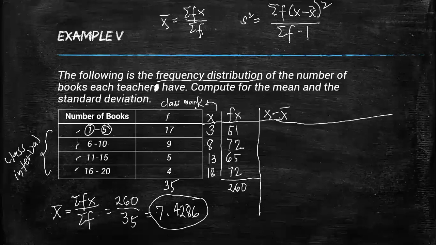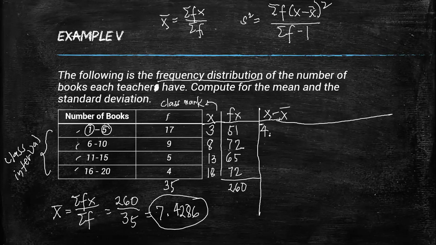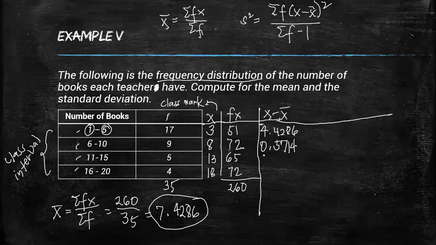So, 3 minus 7.4286, that would be, sorry, negative 4.4286. Same way goes sa iba pa. 8 minus 7.4286, that would be positive 0.5714. Next naman is 5, tama ba?